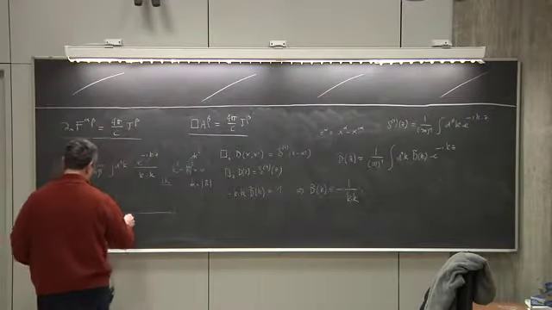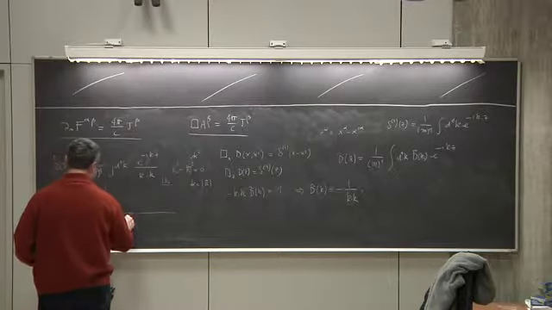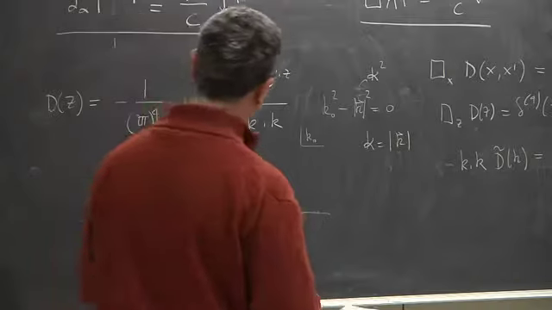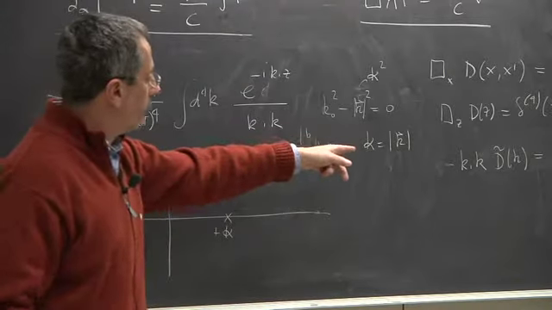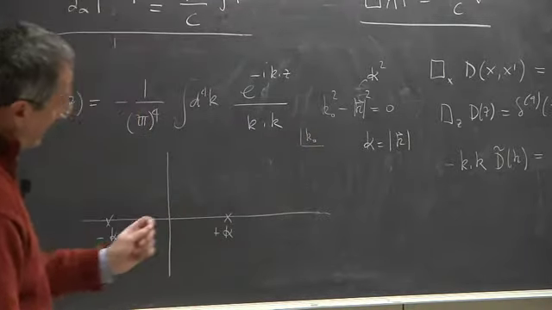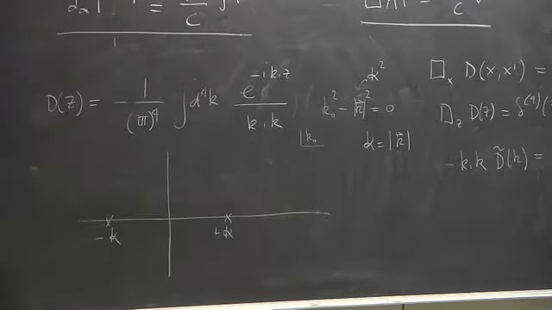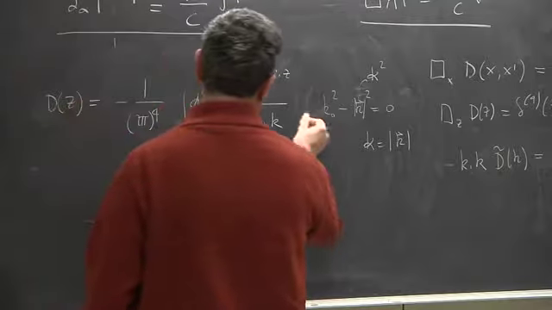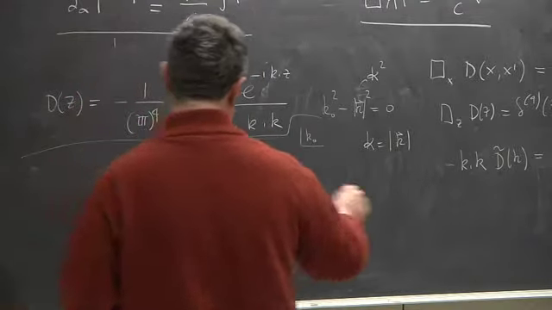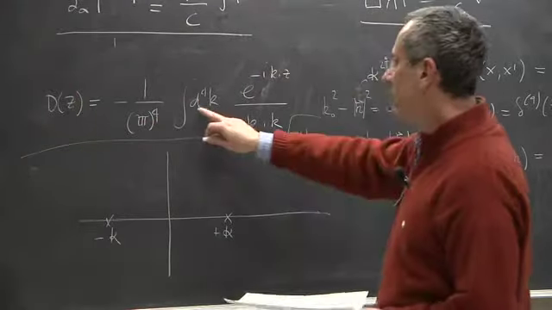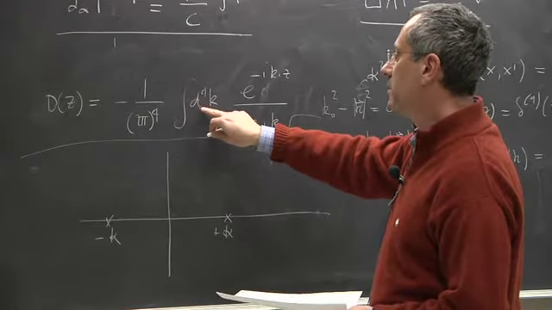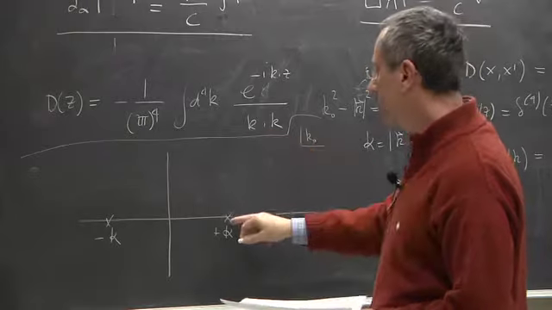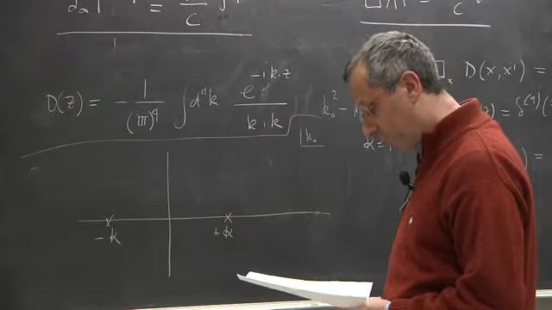So you see that you have two poles, one here at plus the absolute value of the space part of the vector k, and the same at minus. So when you do the integration over k naught, with dk naught times d^3k, you hit these two poles.